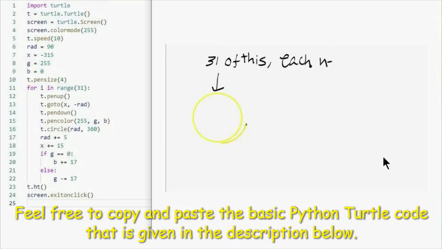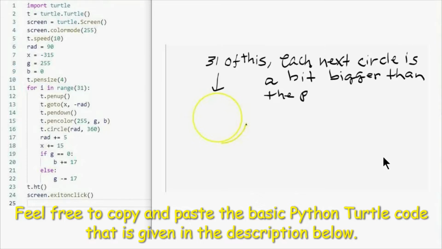Each next circle is a bit bigger than the preceding circle. As I mentioned a while ago, there will be 31 of the circle.